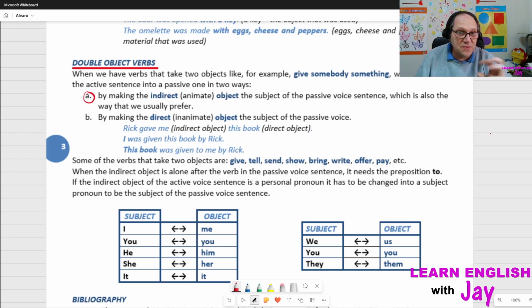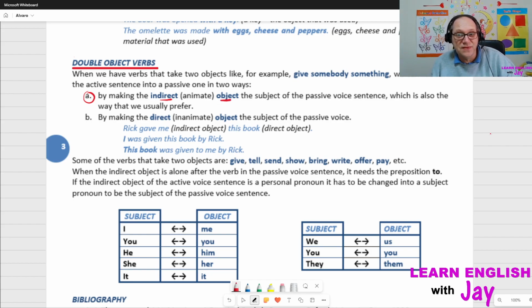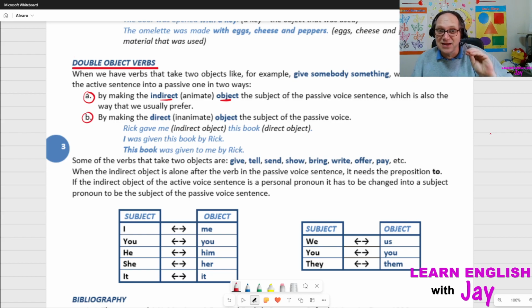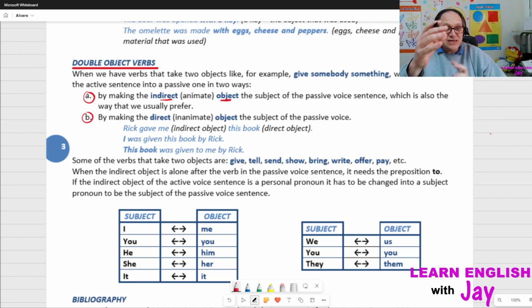The first way is by making the indirect object the subject of the passive voice. Or, if you want to, we can do it by making the direct object the subject of the passive voice. So either one of them we can use.